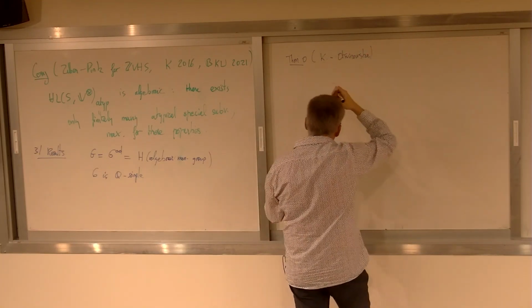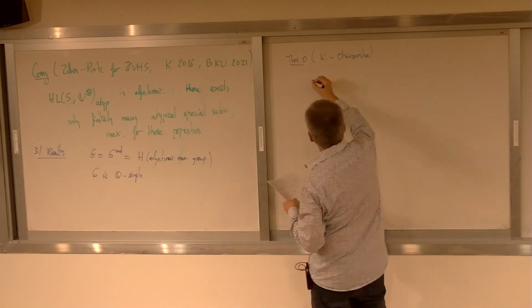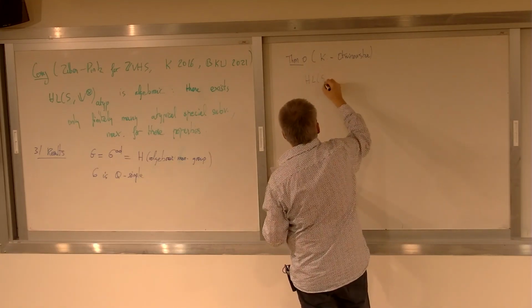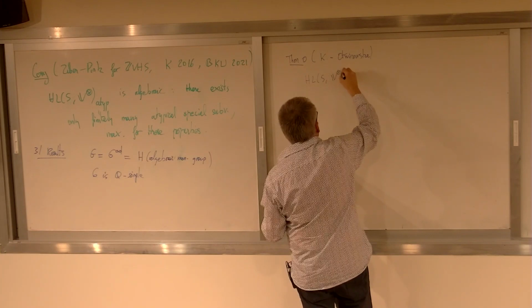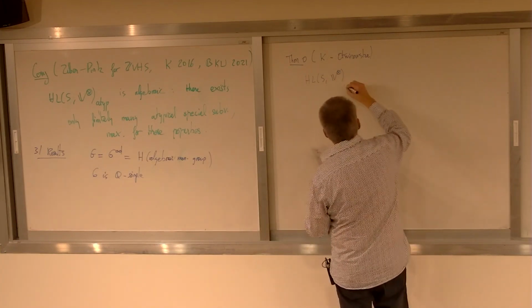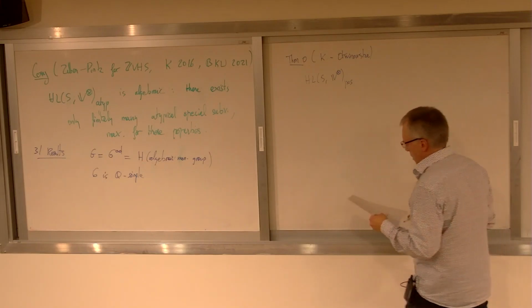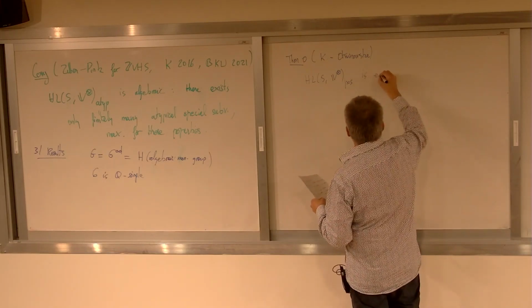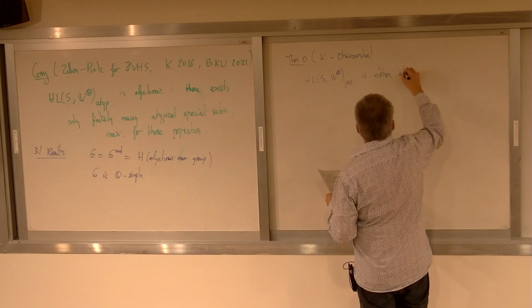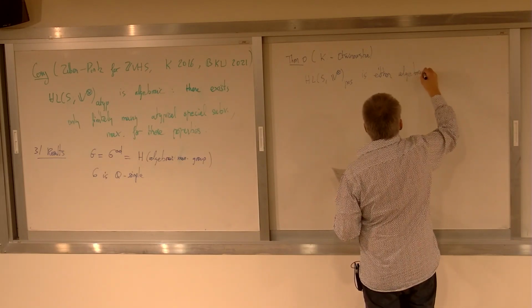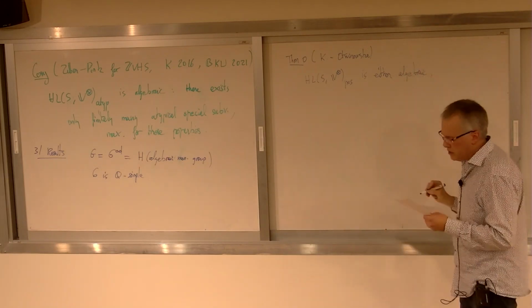And it was saying the following: if you take the Hodge locus, and I keep only the positive dimensional components, positive period dimension, this is either algebraic or it is Zariski dense.